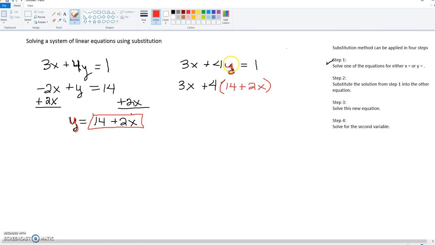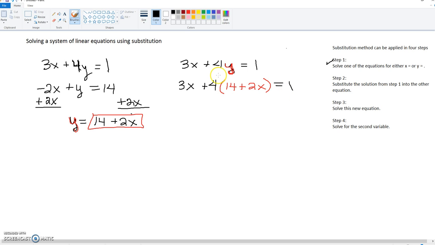Notice this y became what it was equal to from this equation here. And we'll go ahead and finish writing this. Equals -1, or +1, sorry.